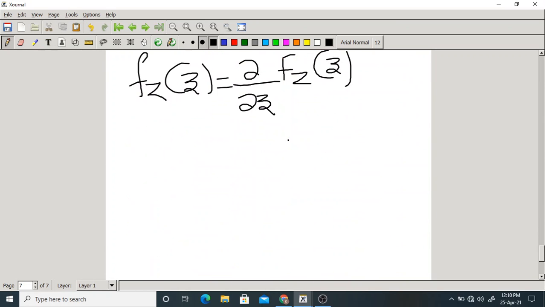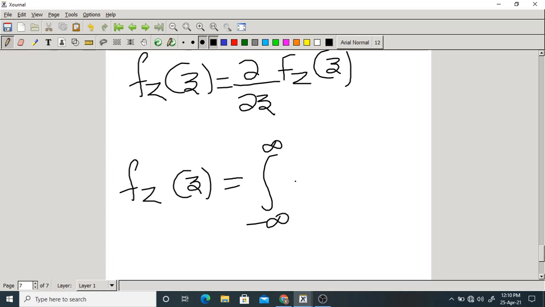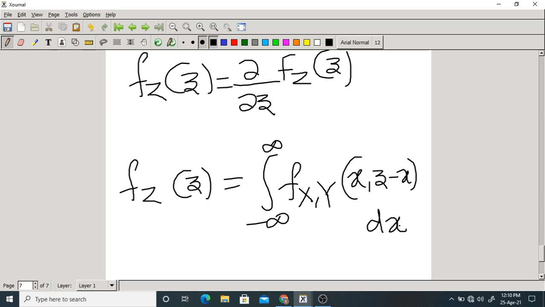What you get here is f Z of z equals the integral from minus to plus infinity of f x comma y of x comma z minus x dx. This is the final outcome for the PDF of Z.